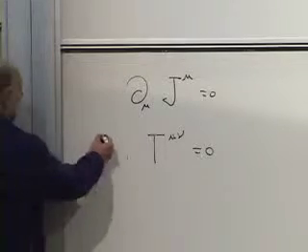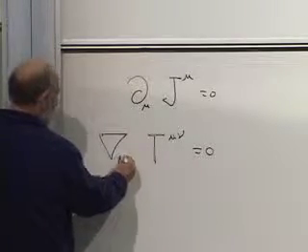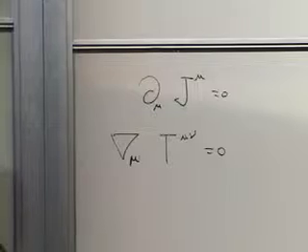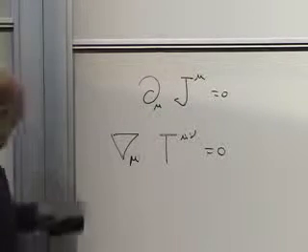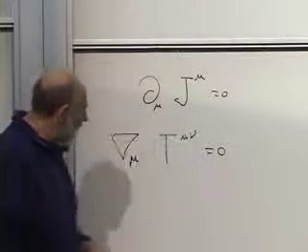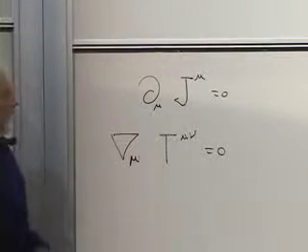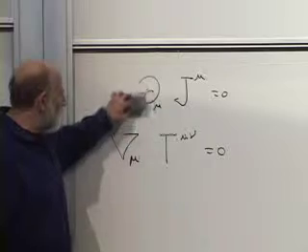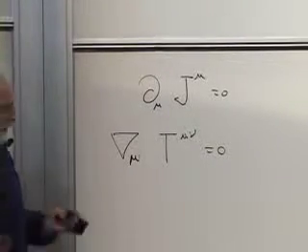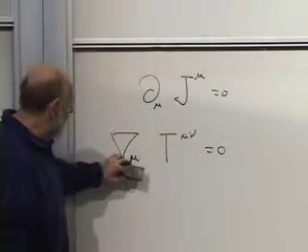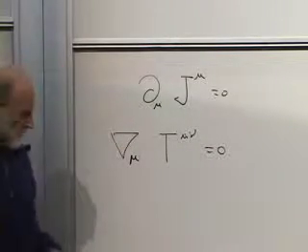The right equation is this one. That the covariant, that's a nice tensor equation. If it's true in one frame, it's true in every frame. Covariant derivative of T mu nu is equal to 0. For the charge density, the covariant derivative and the ordinary derivative can be taken to be the same for technical reasons that I may or may not ever get to, but let's concentrate on the energy momentum tensor.